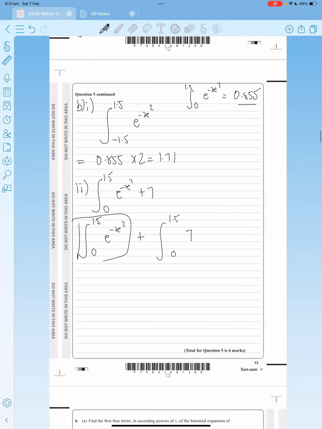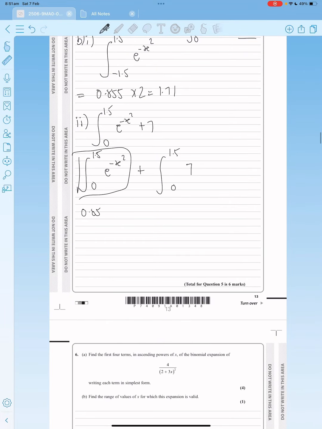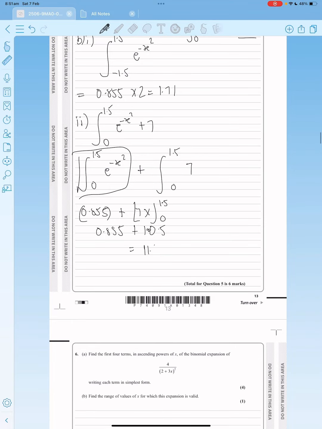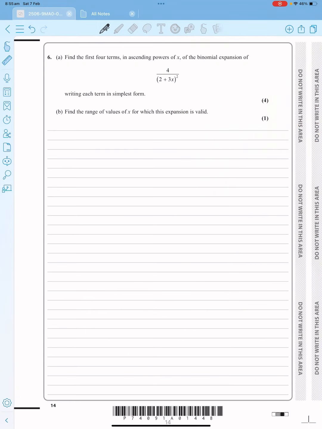We know this already equals 0.855, and then I can say this part would just be plus 7x, which is evaluated between 1.5 and 0, to give me an answer of 0.855 plus 10.5, which equals 11.355, and that's my answer for number 5.